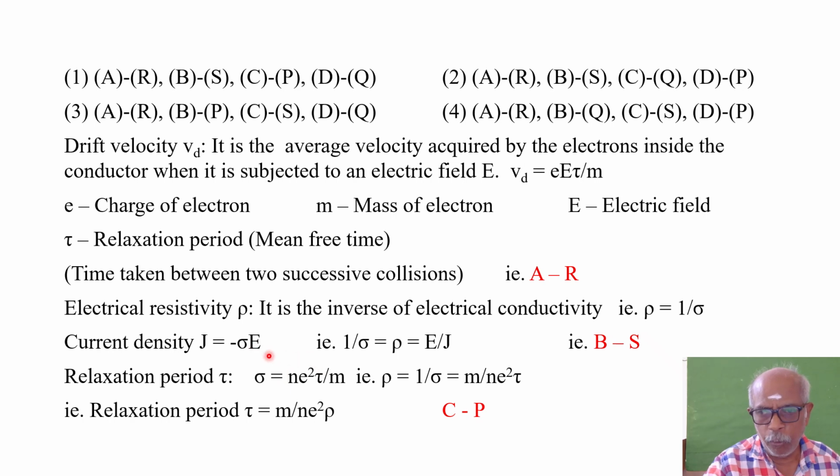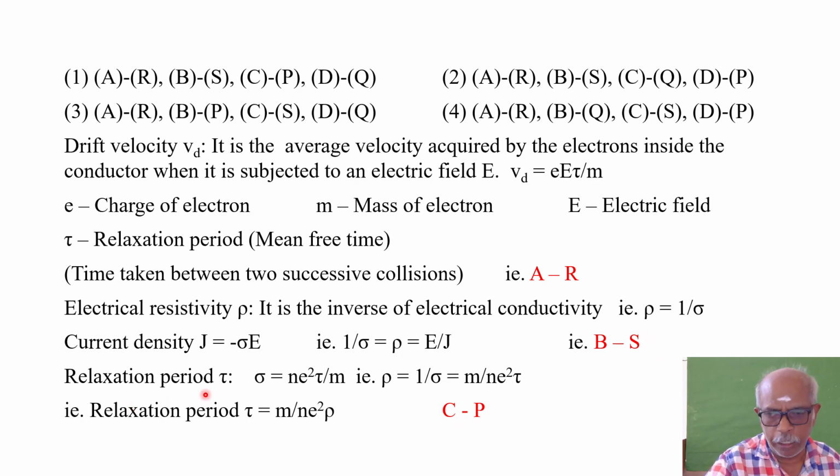What will happen? 1 by sigma is equal to E by J, since J goes to the denominator and sigma goes to the denominator. But electrical resistivity is the inverse of electrical conductivity. So rho is equal to E by J. In that way, B to S is the correct matching.